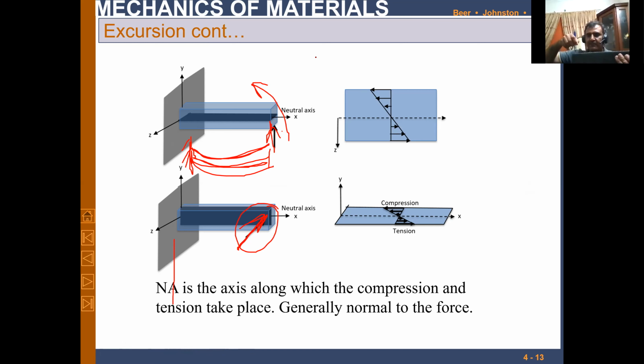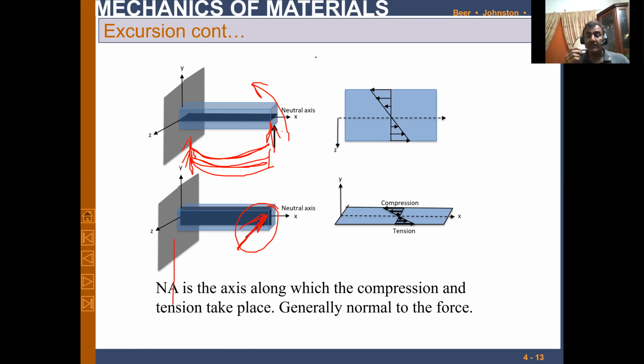So the neutral axis will be lying in this format, because that is the axis along which compression and tension will be. This will be the axis about which the stresses and the strains are being carried out.